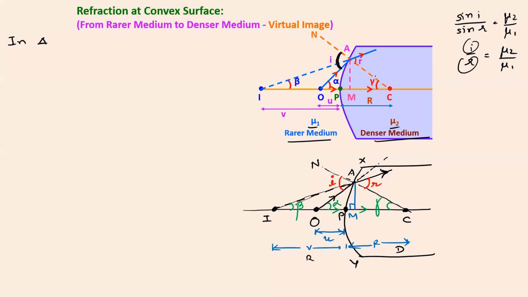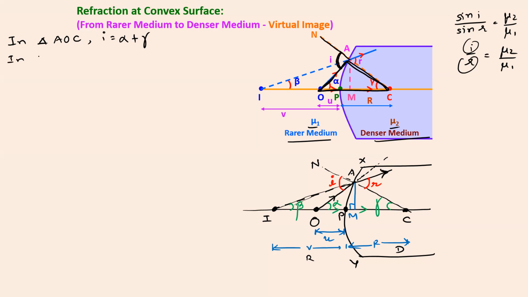So you can see that if we extend this line, I is the exterior angle, and alpha and gamma can be added for that. In triangle AOC, I is equal to alpha plus gamma.